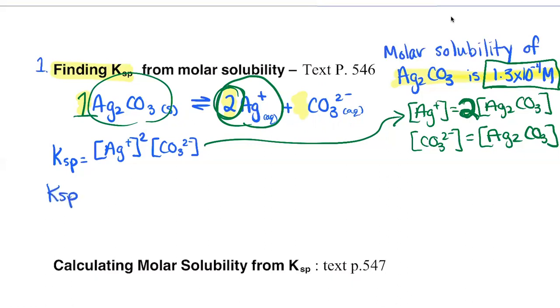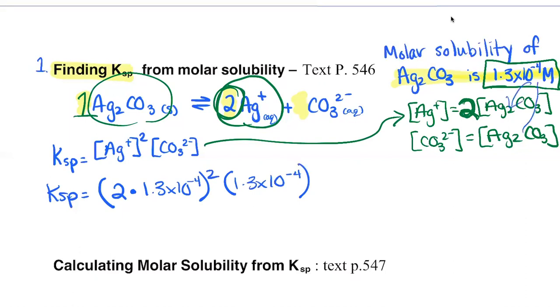KSP is equal to 2 times 1.3 times 10 to the negative 4 squared times 1.3 times 10 to the negative 4. Okay, so I'm putting that number in for those. Solving here, KSP will then be equal to 8.8 times 10 to the negative 12. Okay, and there's no unit on that, and we're keeping 2 significant figures.